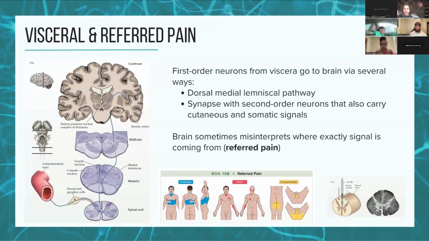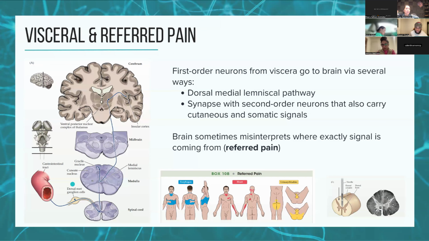It actually gets confused. I don't have an explanation as to why that sharing occurs, why it doesn't have its own second order neuron. I just know that the viscera and the other parts of your body, like your limbs or skin, can share that second order neuron.